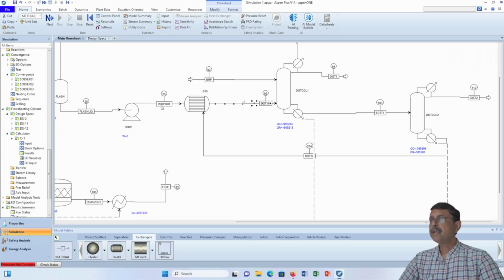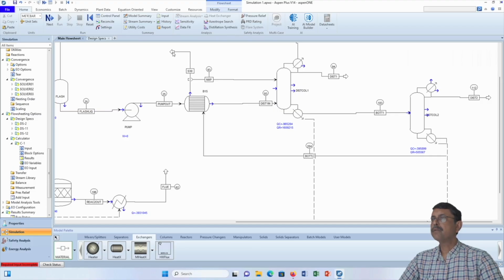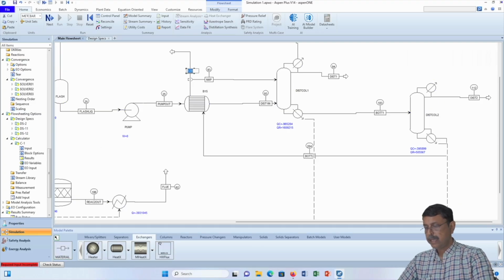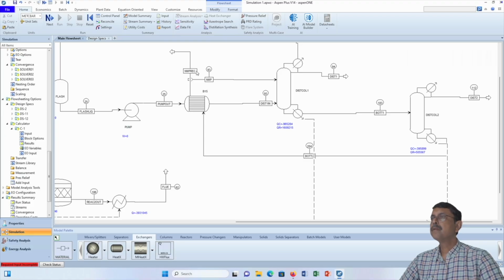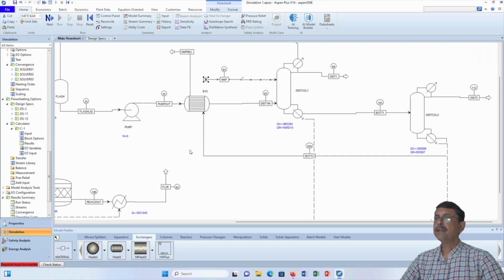So pump out is going in and being heated through this bottom two. Obviously, there will be an outlet for bottom two, and this is the outlet for bottom two. Okay. So we can name it as NMP recovered. So this is NMP recovered. So this is the NMP feed, and this is NMP recovered.